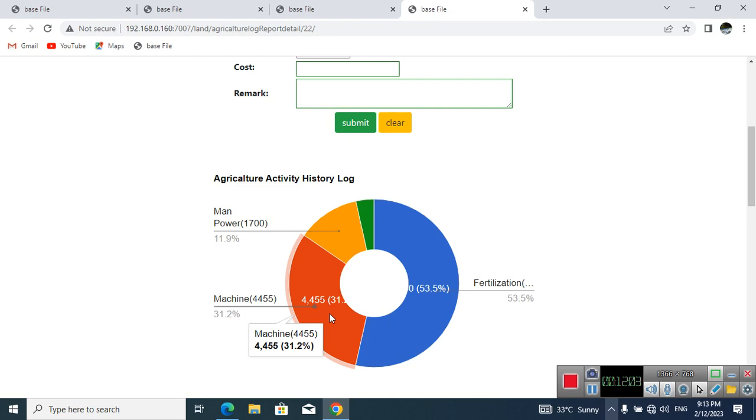It will be the fuel cost, depending on the chain of mechanism to increase the process. The third one is the manpower. In the middle of the time, some manpower is needed to clear the existing crop, and 1700 rupees will be the charge for this manpower requirement.